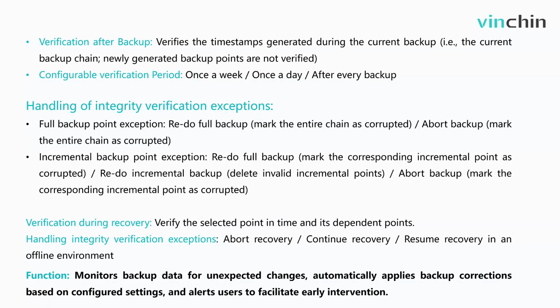For verification during recovery, you can verify the selected point in time and its independent points. And for handling integrity verification exceptions, you can select abort recovery, continue recovery, or resume recovery in an offline environment.